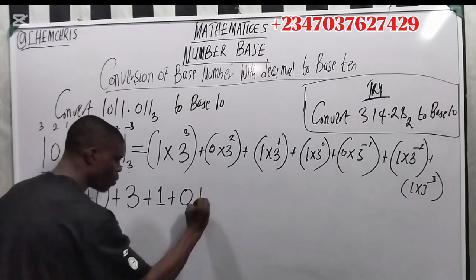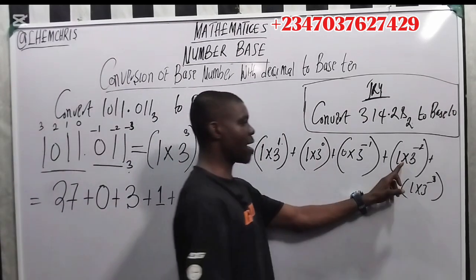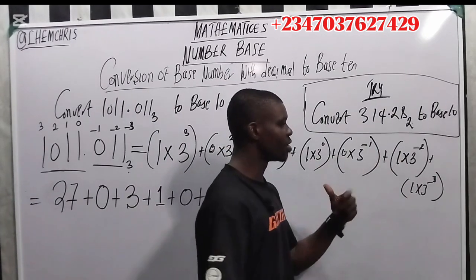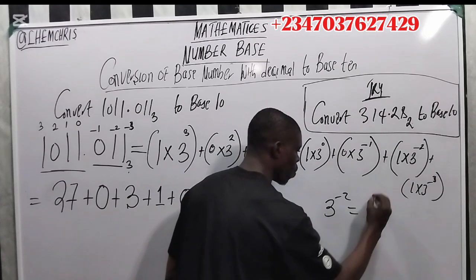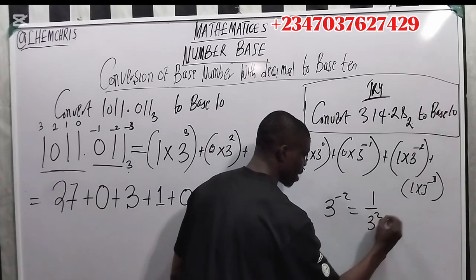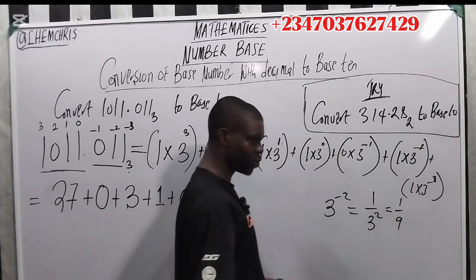So now it's going to be plus 0 plus. Now remember, here we have 1 times 3 raised to minus 2, right? 3 raised to minus 2 is 1 over 3 raised to 2, which is 1 over 9. Follow what I'm saying here.